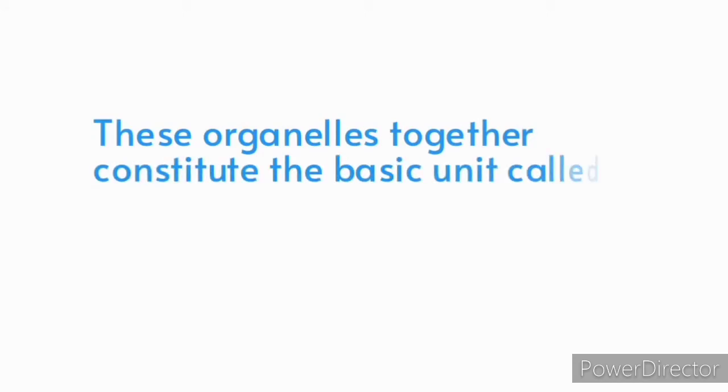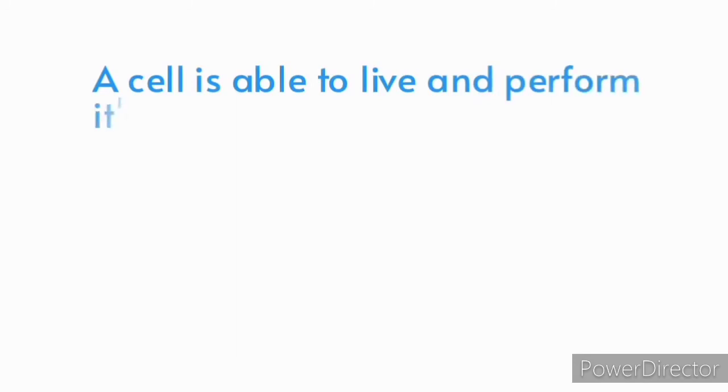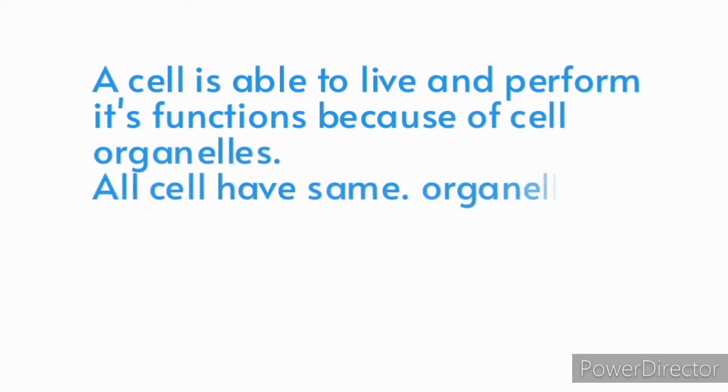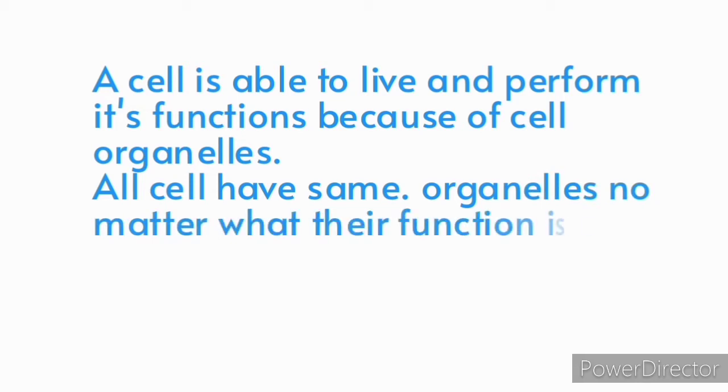These organelles together constitute the basic unit of life, known as cell. A cell is able to live and perform its functions because of cell organelles. Cell organelles are a network. All cells have the same organelles, no matter what their function is and in what organism they are found.